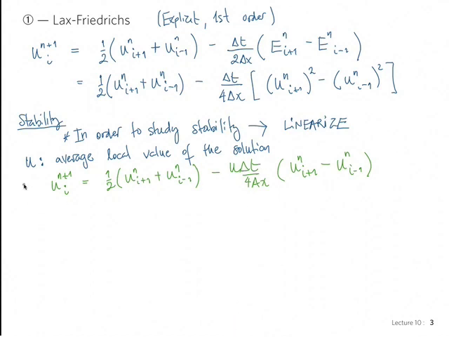So now we consider a waveform, a normal mode like this, U^n_i equal to V^n e to the i, the imaginary number, k i delta x, where, recall, phi is k delta x.